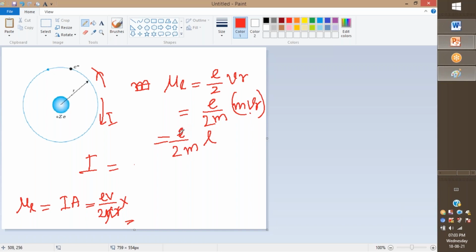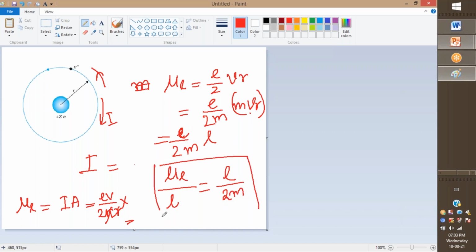If I take this ratio, magnetic moment μ_L divided by angular momentum L, I get e by 2m. This ratio e by 2m is called the gyromagnetic ratio. Some people pronounce it differently, so as you are comfortable, or as your school teacher says, you can follow that.